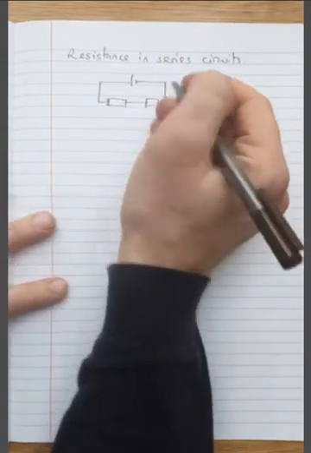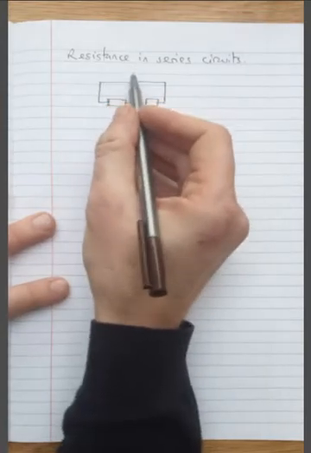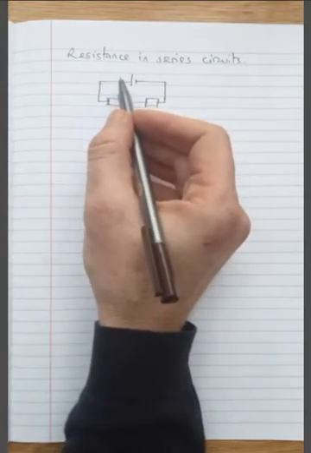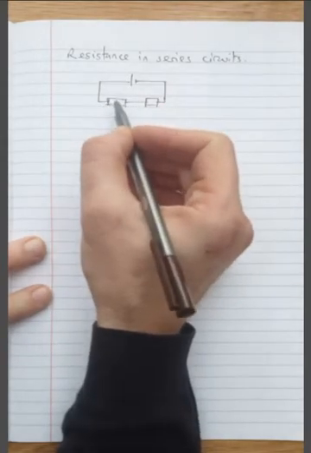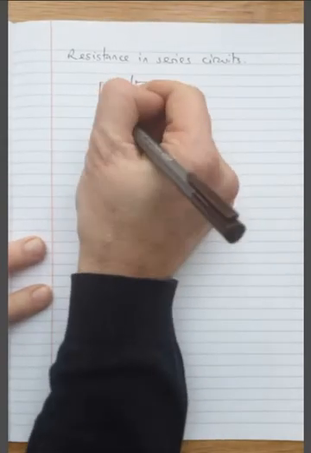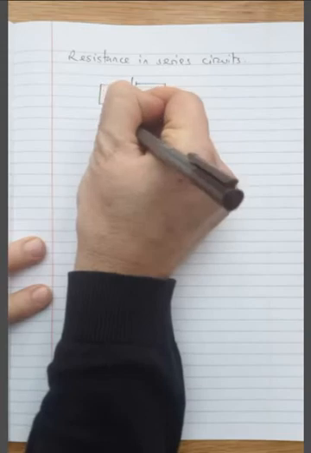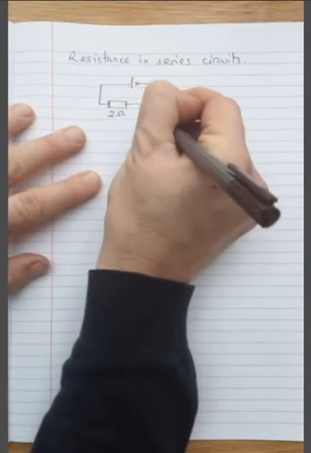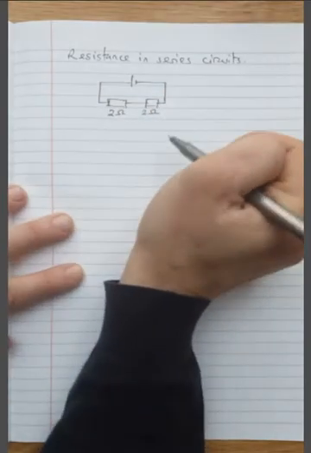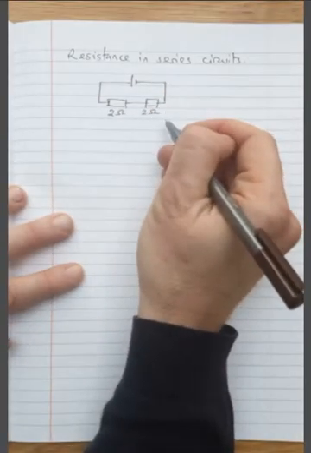Now remember, we're not interested at the moment in current or potential difference. We just want to know how much is the resistance across each of these resistors. We're going to start off with 2 resistors that are exactly the same. They both have the same resistance, 2 ohms across both.